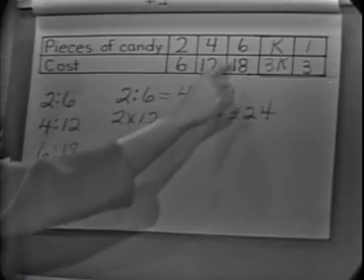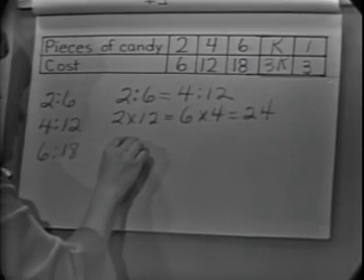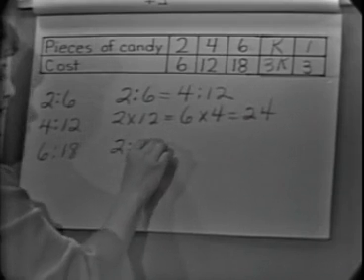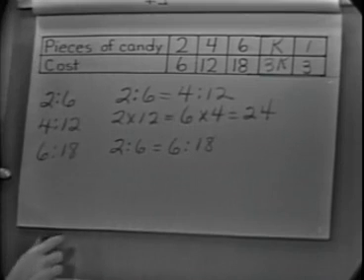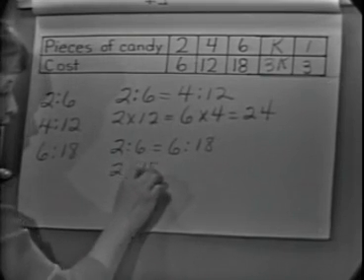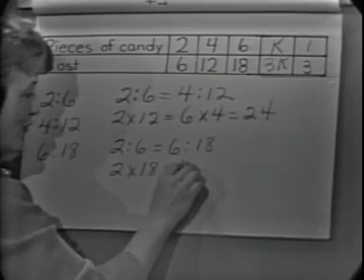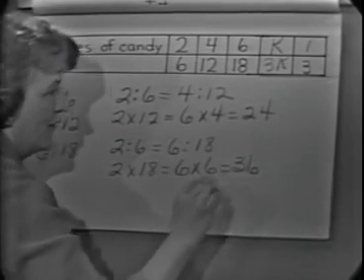Also 6, 18 express that same property. We could write 2 is to 6 as 6 is to 18. We again notice that 2 times 18 is equal to 6 times 6, or 36.